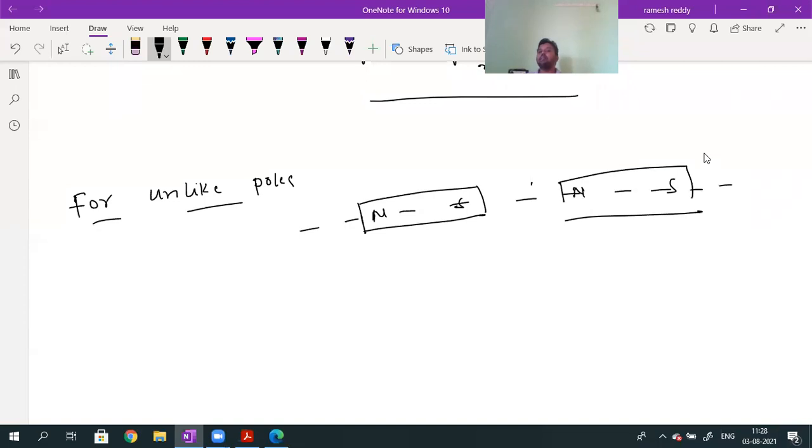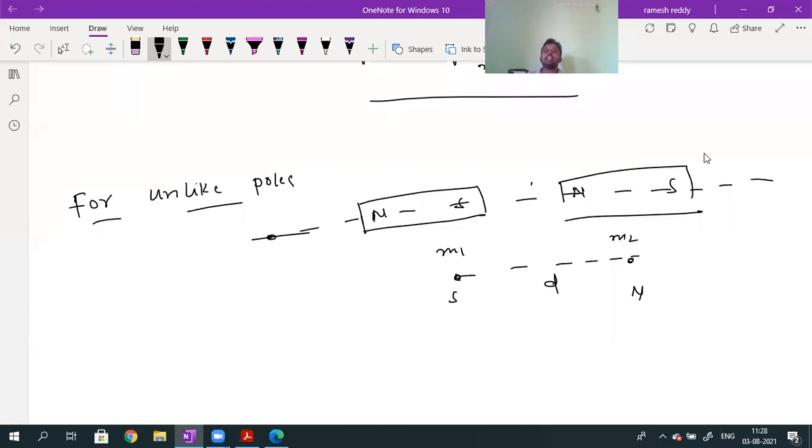The null point will be obtained outside. Now here I need to consider the south pole, and here the north pole. The south pole strength is m1, the north pole strength is m2. These both are separated by distance d.